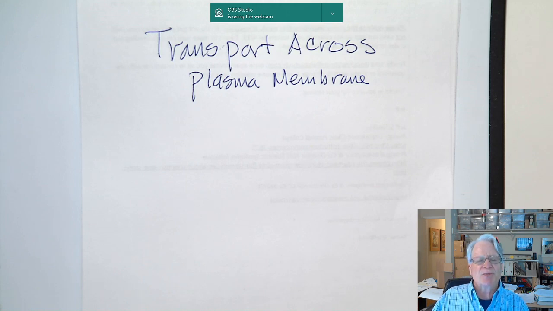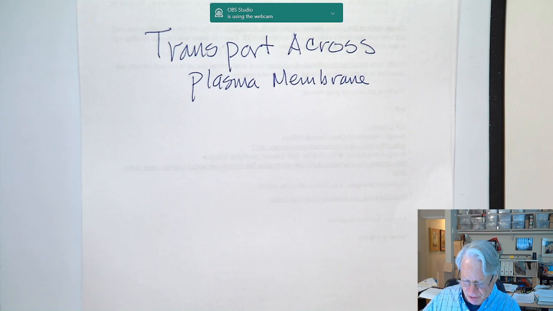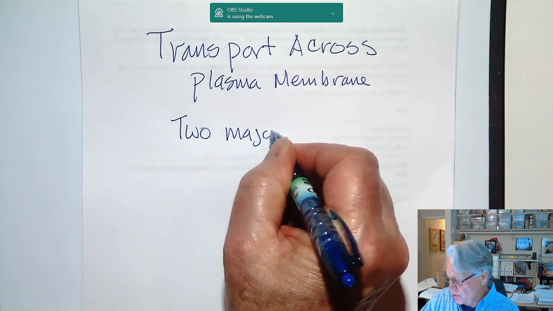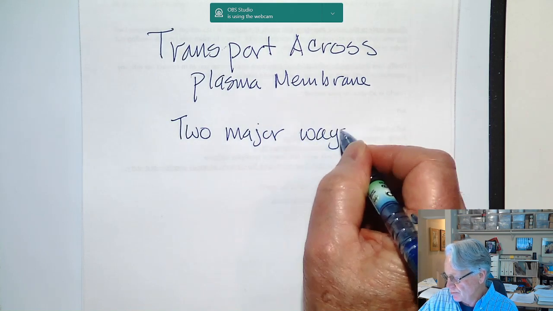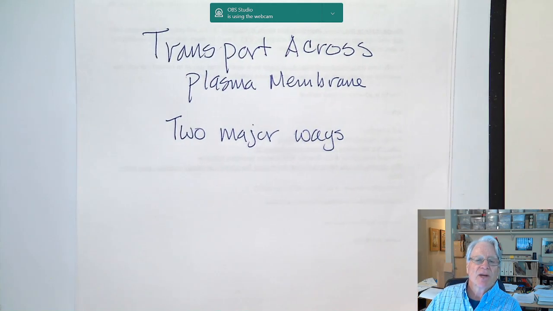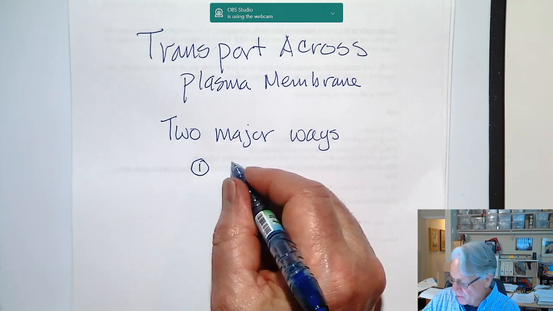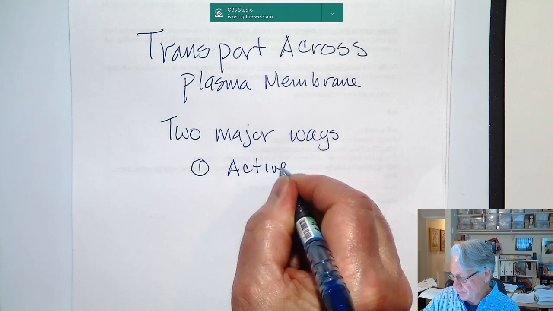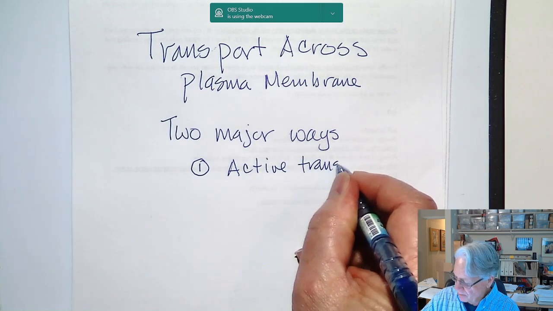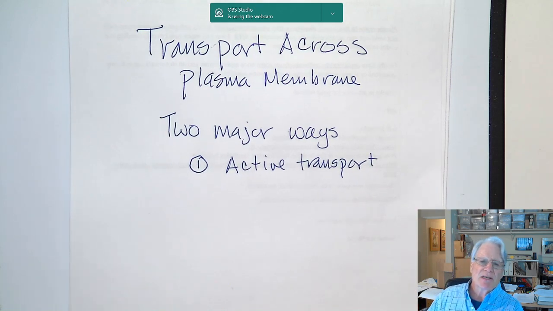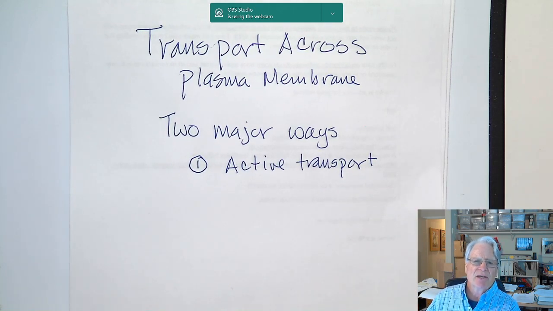As we look at these processes, we can divide them into two major groups. So there are two major ways that transport happens. Number one is active transport. Active meaning that the cell is active in supplying energy for these processes to take place.